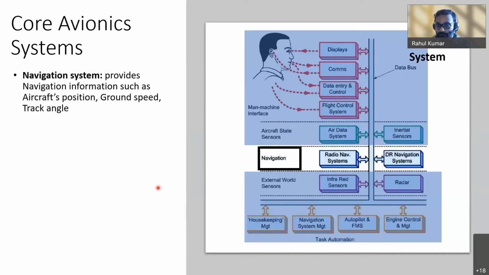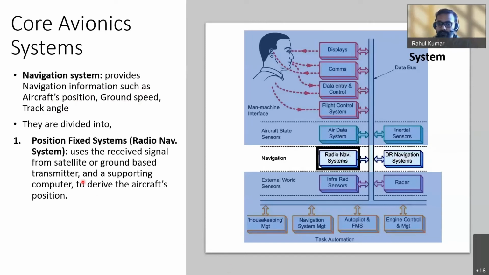Coming on to the next avionics system, your navigation system. The navigation system provides navigation information such as your aircraft's position, ground speed, and tracking angle, right? So it gives all these three pieces of information.